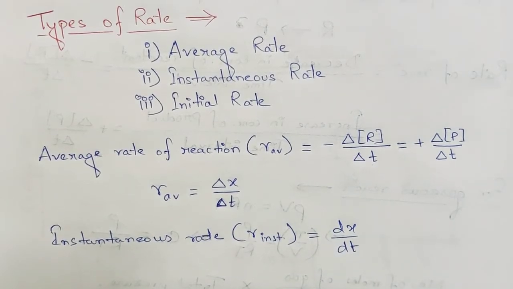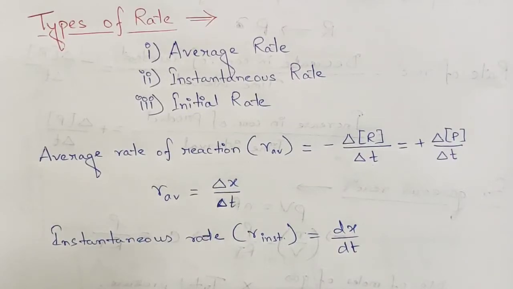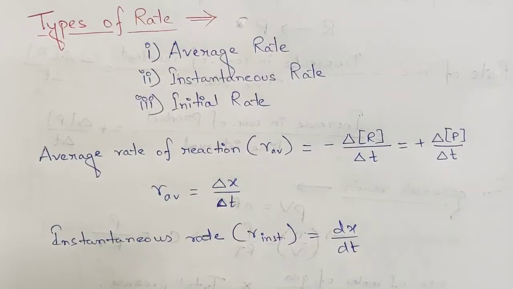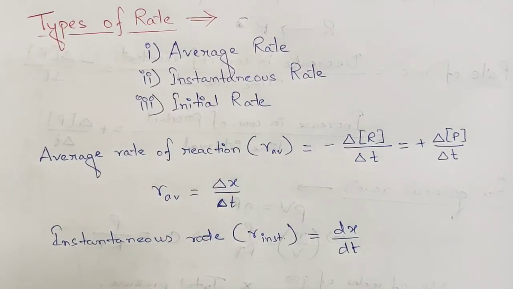R instantaneous is equal to dx by dt. Here we use this because it shows a small interval of time. Whatever interval we are taking, that small interval is denoted by small d. dt is the small interval of time, and dx is the small change in concentration of the reactant or product. In this way we can show the various types of reaction according to their rate.